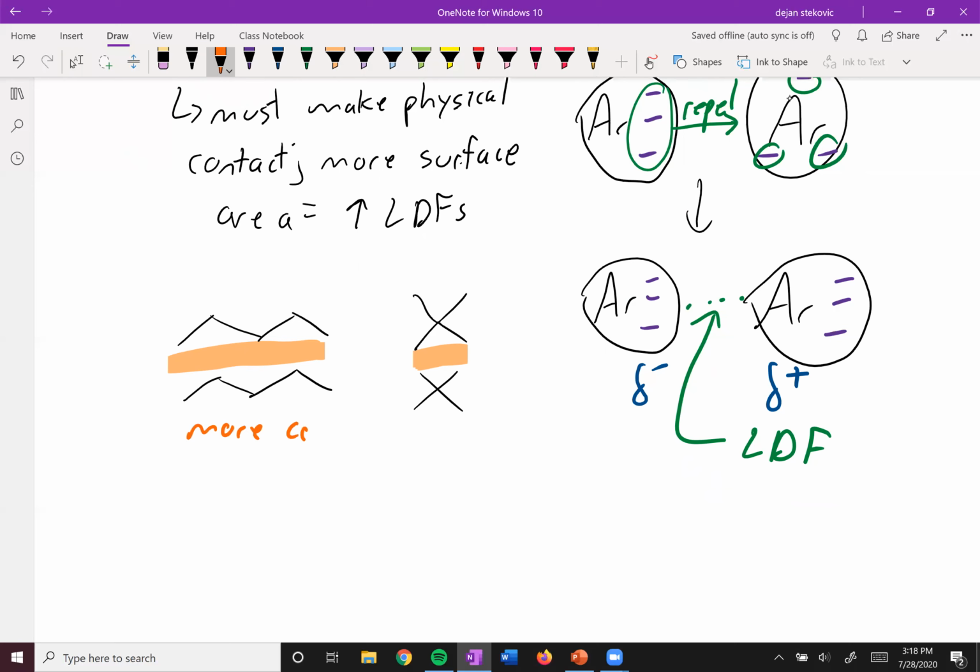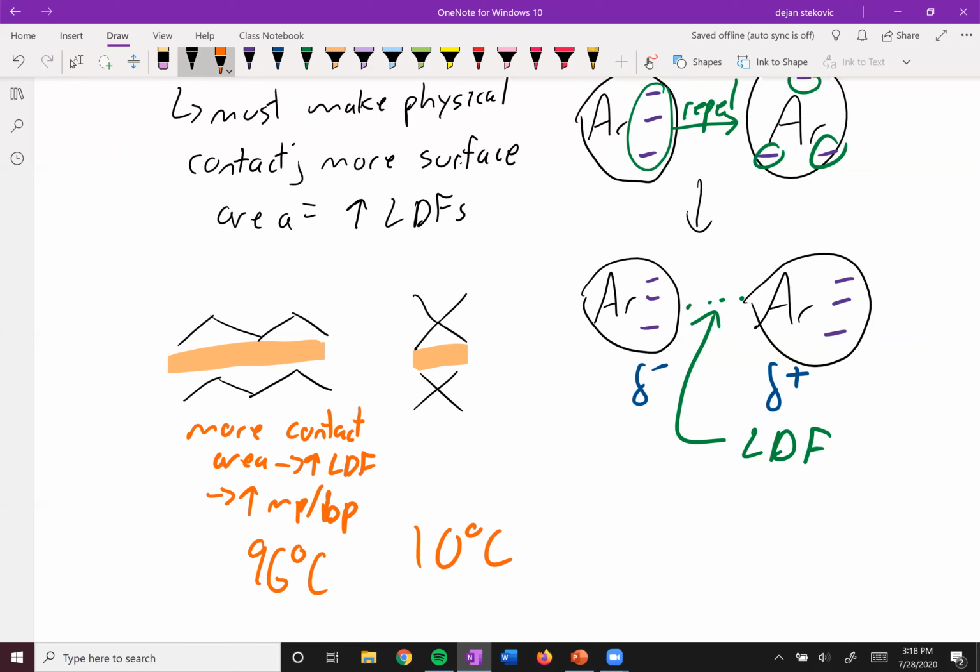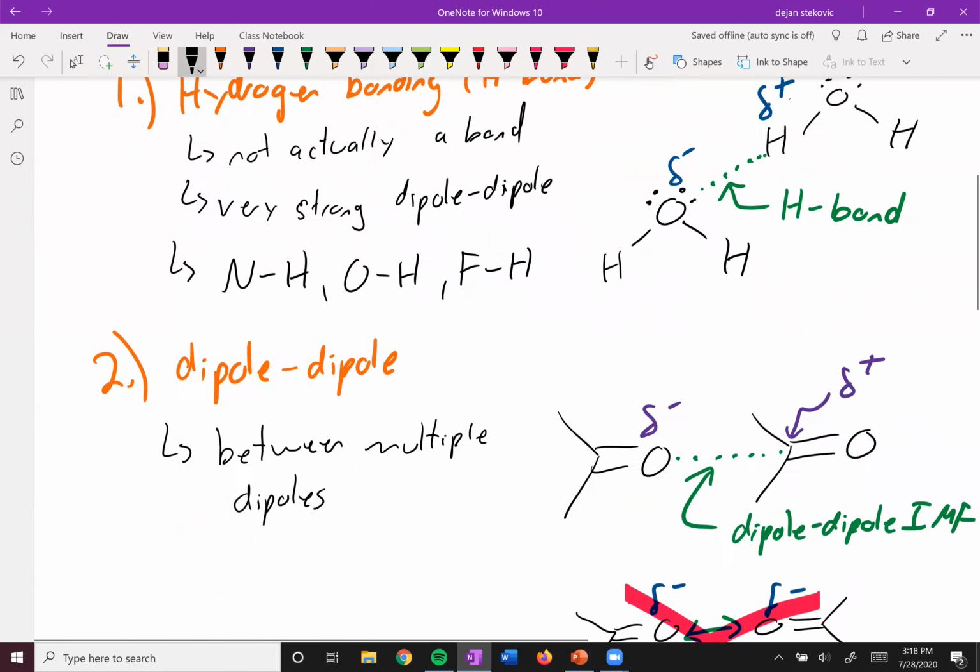So more contact area equals increase in London dispersion forces, which equals an increase in the melting point and the boiling point, right? Just to give you a frame of reference, this boils at around 96 degrees Celsius, while this one is 10 degrees Celsius. So quite a big difference there, right?